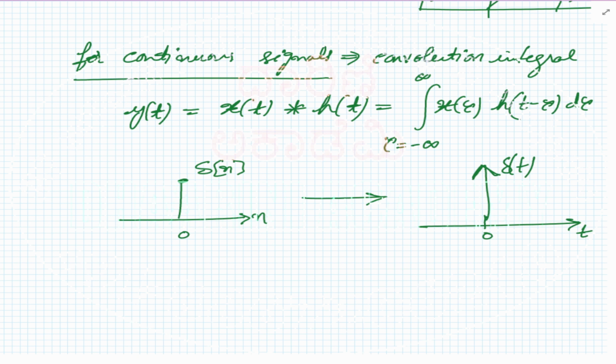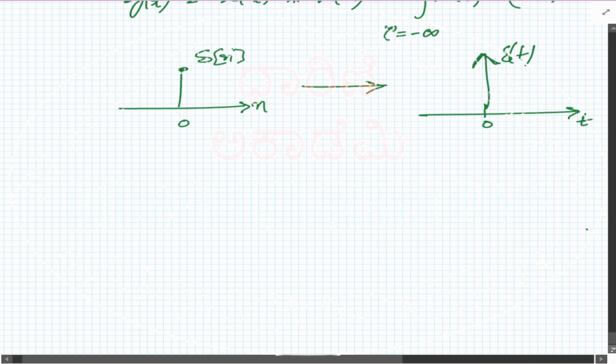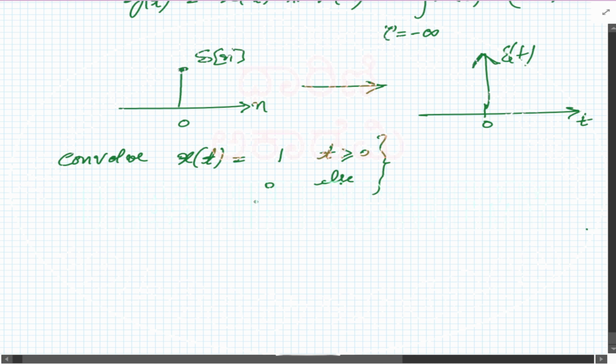Let's consider, I'll directly go to a problem so that it becomes very clear. Let us say this is a question: convolve x of t, which is 1 for t greater than or equal to 0 and 0 else. This is the first sequence. With the second sequence, h of t, which is e to the minus alpha t for t greater than or equal to 0, and 0 else.